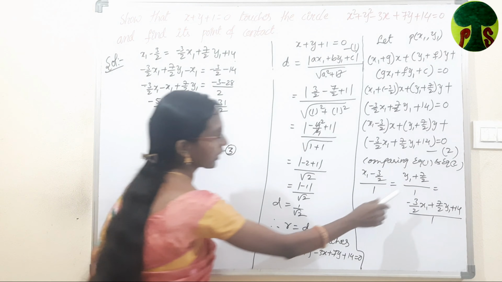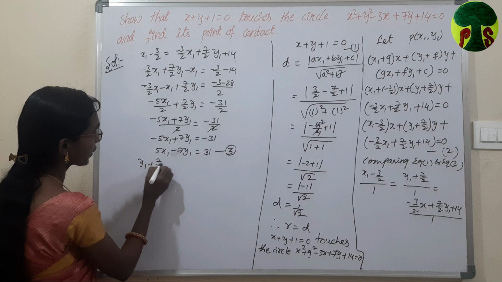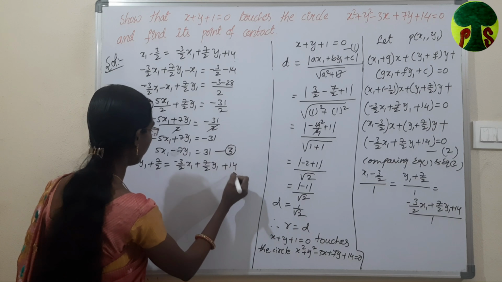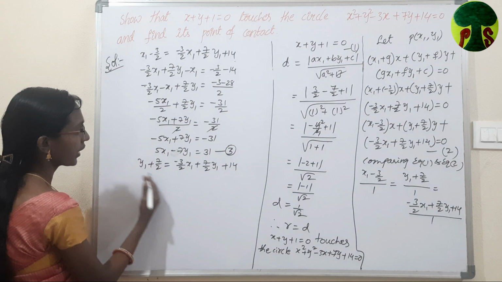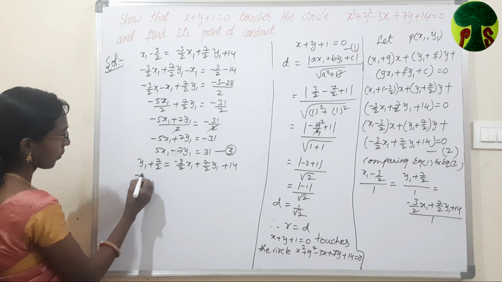Now equating these two, y1 plus 7 by 2 is equals to minus 3 by 2 x1 plus 7 by 2 y1 plus 14. Bring x y term to RHS side and constant to left side. Minus 3 by 2 x1 plus 7 by 2 y1 minus y1 is equals to 7 by 2 minus 14.